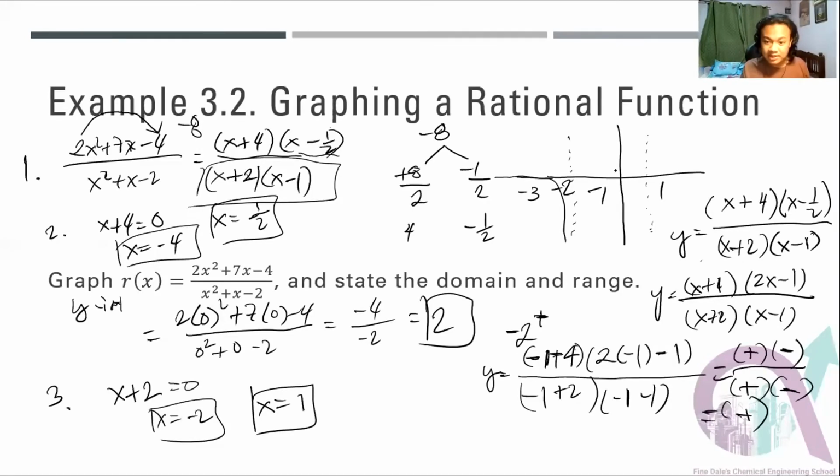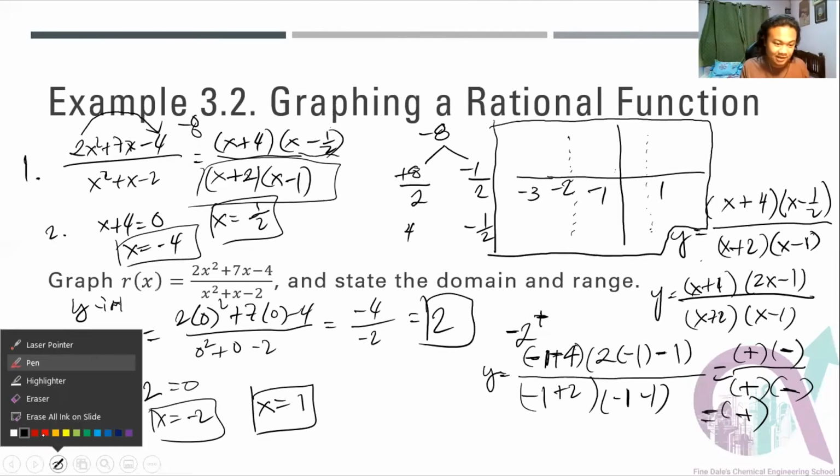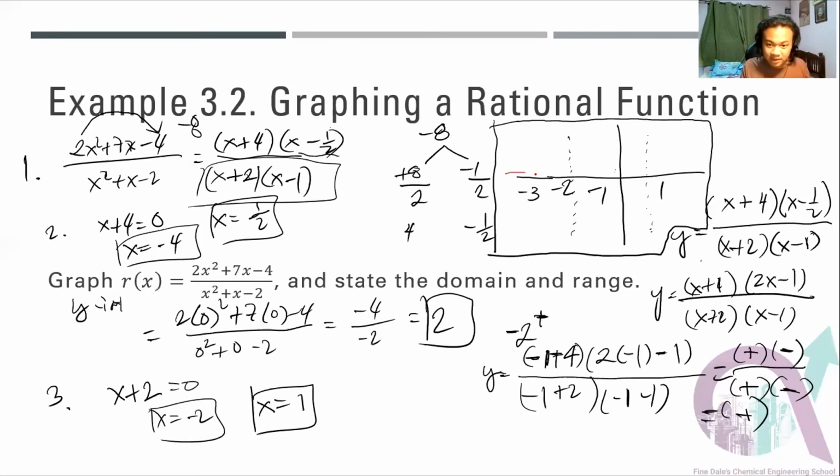Ana, murag makita ninyo ang general nato nga terms, so atong hinayon og draw ang graph ani. Change the color. So ang isa is panaog, ang isa is pasaka, di ba?